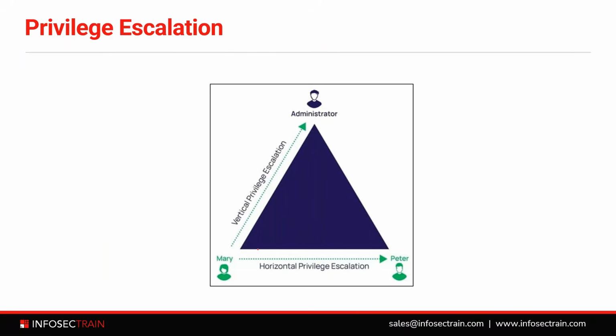So if you are a normal user, Mary, and you executed some script and you got the privileges of Peter, another normal user, that is called horizontal privilege escalation. But if you are a user Mary and you elevated your privileges to administrator, you executed a script and you became admin, that is called vertical privilege escalation.